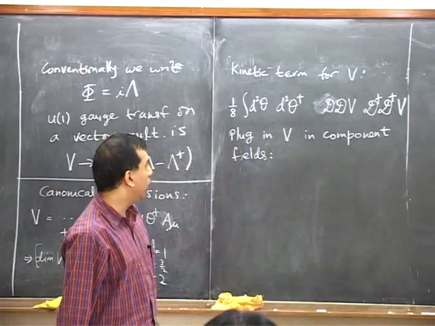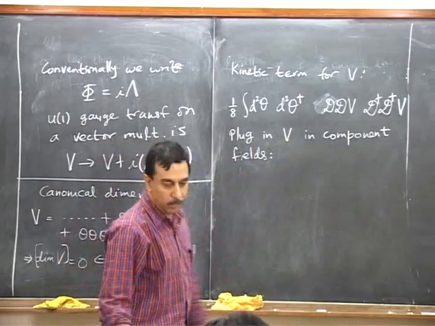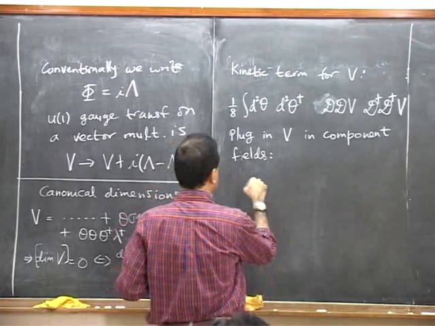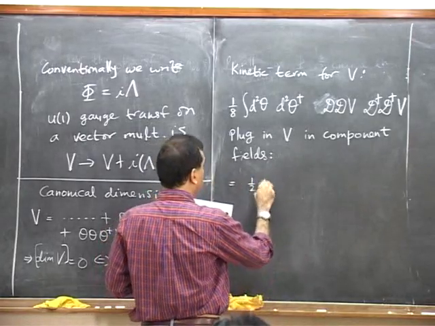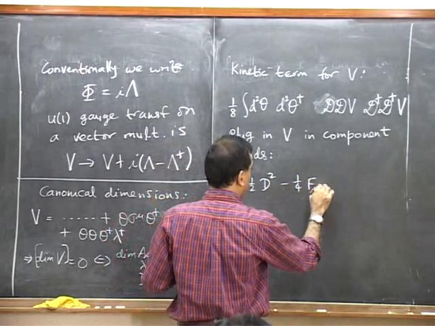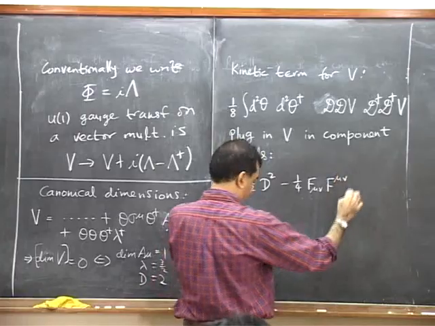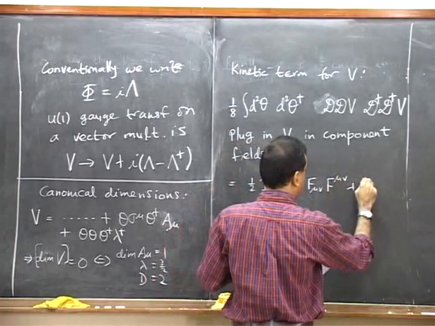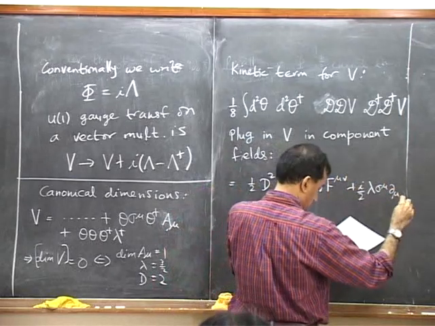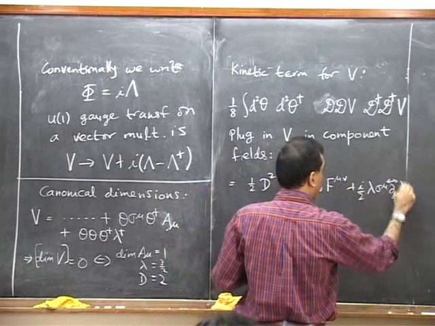We just plug in V in component fields, and the answer comes out to be, with this chosen normalization, a half D squared minus a quarter F mu nu squared plus i by 2 lambda sigma mu del mu lambda bar.